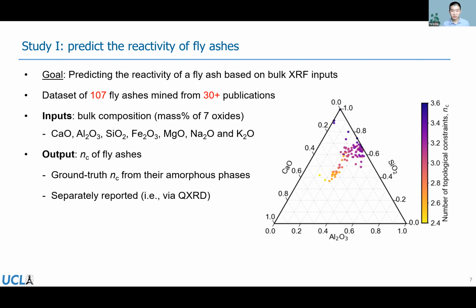The input for each of the samples collected in this database is the bulk composition of different major oxides present in the fly ashes. And the output of the data set is the topological constraint of the different samples. And by the way, we calculate the topological constraint based on the amorphous phase information that is available from the literature, for example, that can be measured by QXRD.